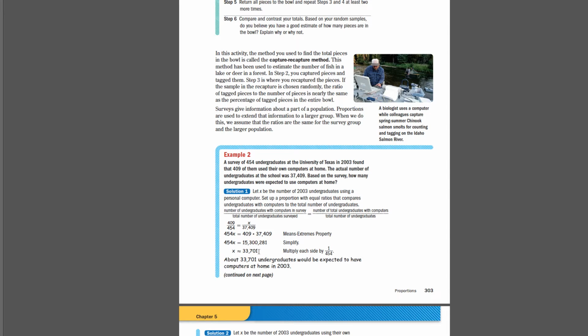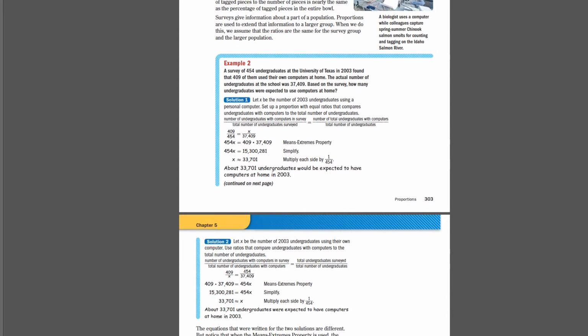From a statistics standpoint, we would use terms not like absolutes. We wouldn't say there are 33,701. We would say that we would expect to have it, or we have some confidence in there being 33,701, since it is based on a proportion that came out of the sampling.